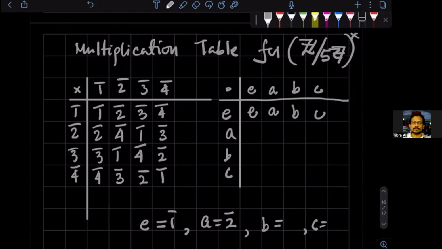I think I made a mistake somewhere. Just 1 second. Let me just look at my notes, okay? Just give me 1 second. I think I made a transcription error which has propagated. So let me just look at the notes.